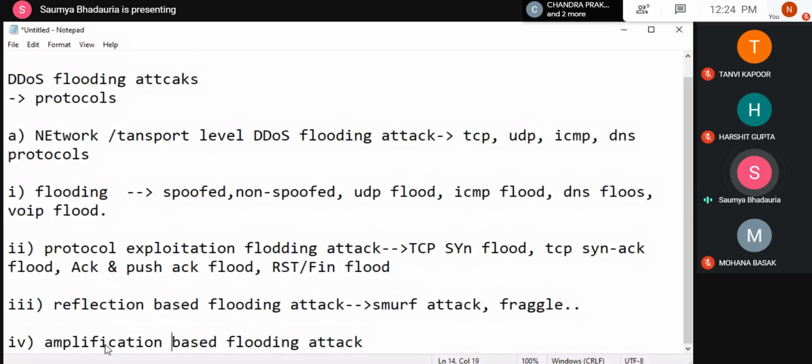So let's say you want a packet to be routed to a particular destination, or you want to find a particular client on a network. What would you do? You would try to broadcast that this is the message which has been received and it should be sent to a particular destination.